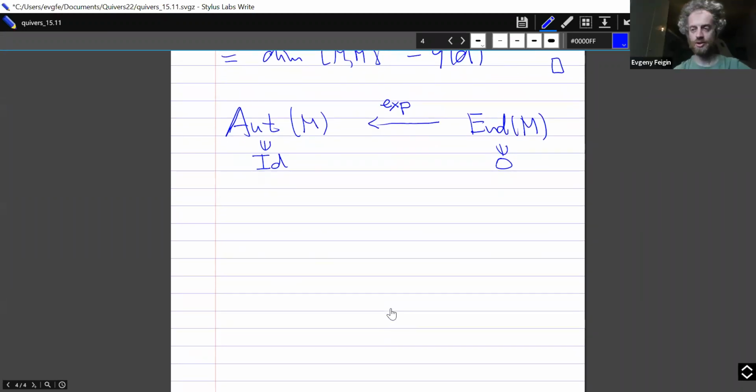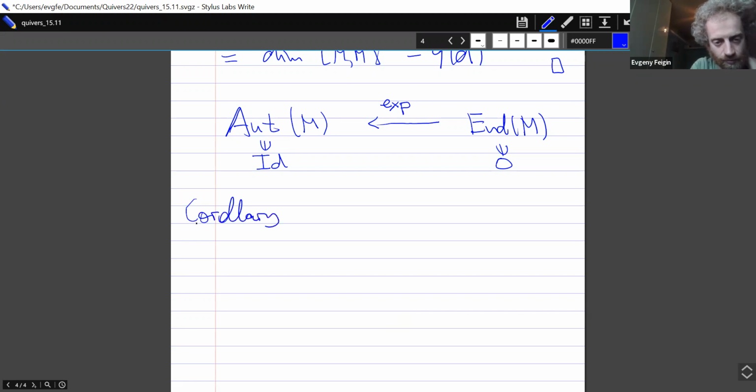Okay, so let's proceed further. Maybe one important corollary here, even two corollaries. The first corollary is as follows.